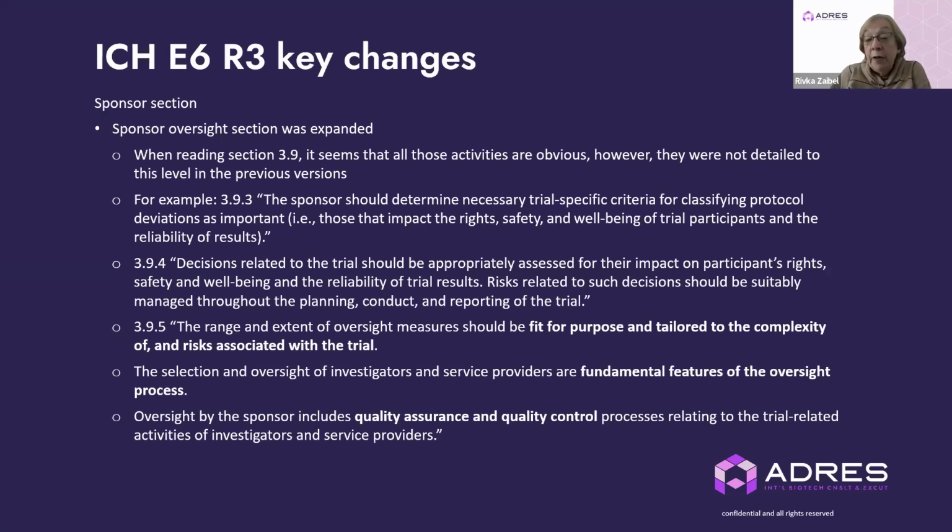Again, fit for purpose is mentioned here, and that means that if there is a critical activity that may have an impact on the trial, it should have oversight measures that can mitigate those risks, and other activities that are less critical or more of a routine nature can have fewer measures to follow them.